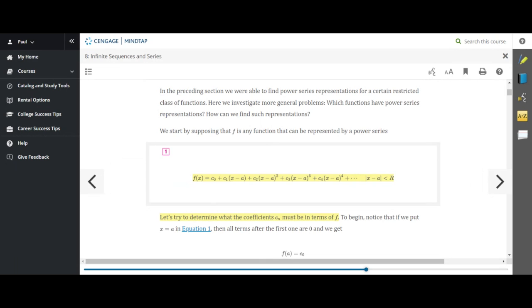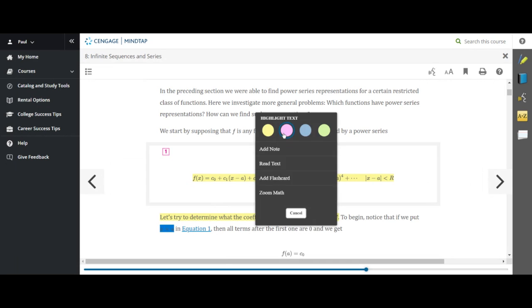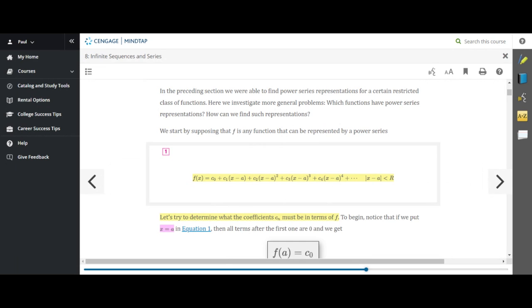Let's try to determine what the coefficients must be in terms of the function. So what they do is they say, okay, well, let's substitute in x equals a in that equation above. So in other words, we're going to evaluate the function at x equals a.